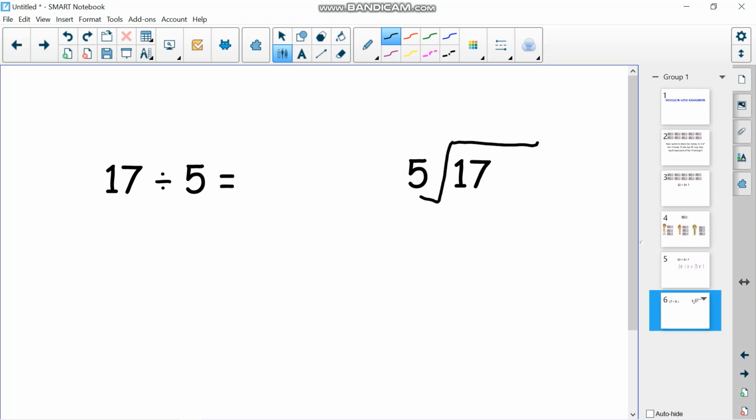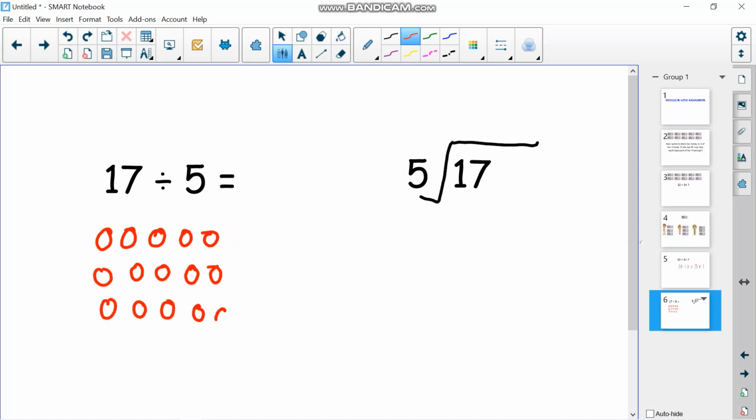Okay, let's solve 17 divided by 5 using an array. How many groups of 5 are there in 17? Let's count by 5 till we reach 17. 1, 2, 3, 4, 5, 6, 7, 8, 9, 10, 11, 12, 13, 14, 15, 16, and 17.